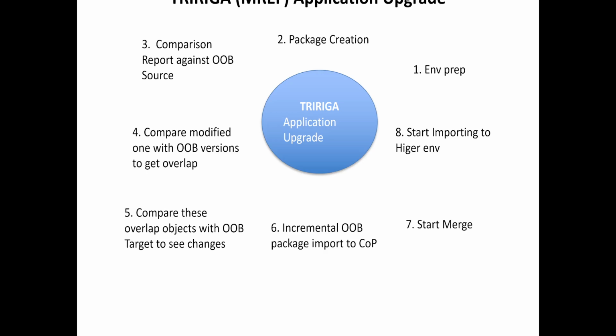As you change those common objects which have been touched by both your environment and IBM, you make sure your TRIRIGA functionality is intact. Then we do some smoke checking, rough testing, and finally import the packages to the higher version, the same way we imported into the COP environment.